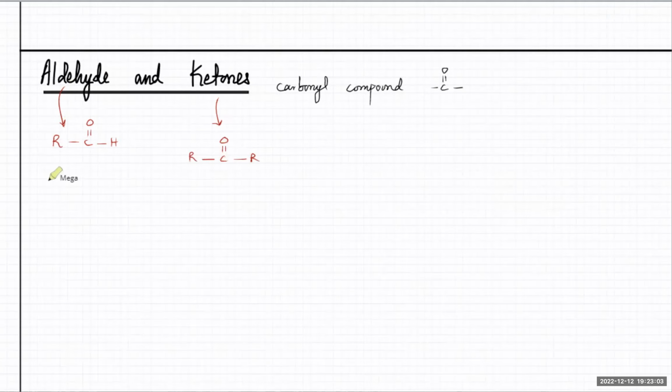So for example, if I draw two, here's one molecule. Tell me its name. What is this called? What will the first one be? Hunaid, what's the name for the first molecule?